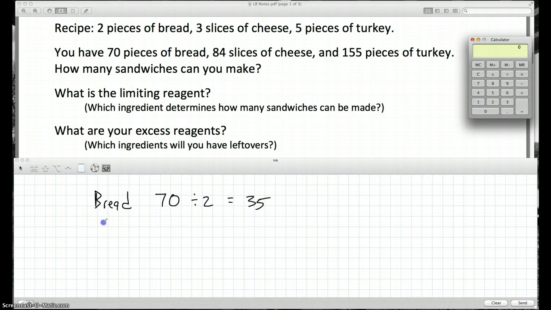If we look at cheese, we have 84 pieces of cheese, and for each sandwich, we need 3 slices of cheese. So 84 divided by 3 is 28.